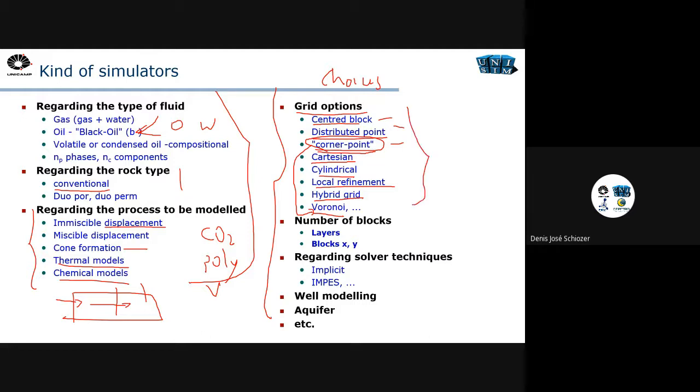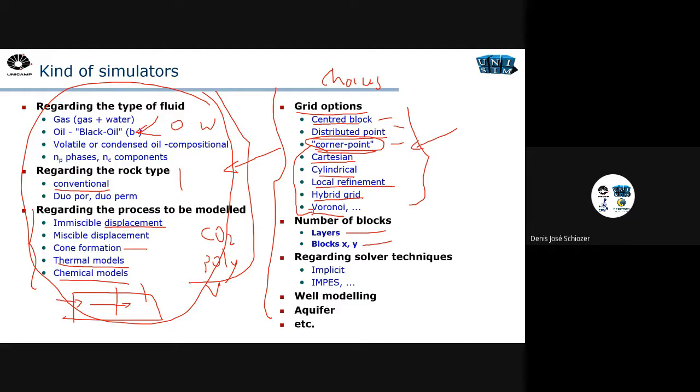Once we select the best grid for our problem, considering these aspects, we're going to select the number of layers we're going to use and the number of blocks in the horizontal directions, okay? Why in this order? First, we select the grid, then the layers, then the blocks, because the grid will try to consider all these aspects here: if we're going to use a simpler grid or a more complex grid.